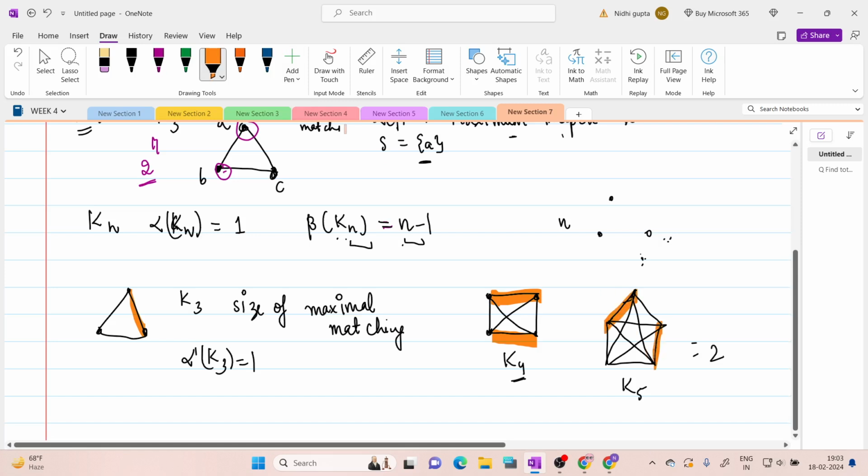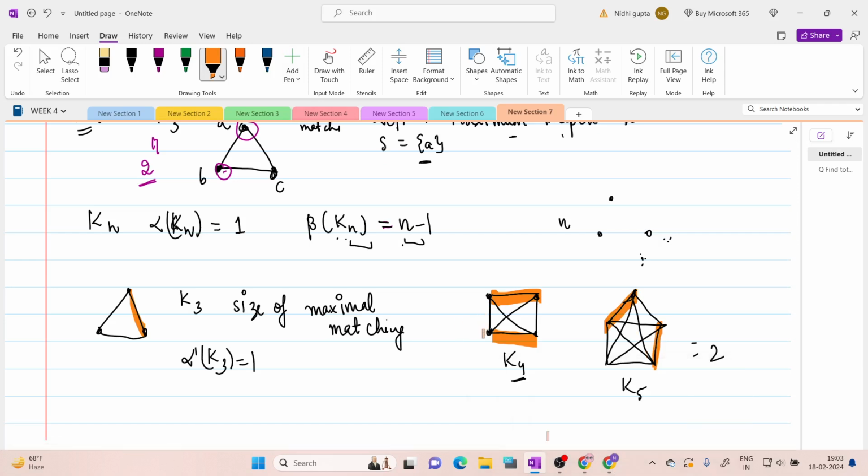Why can it not be 3? Because it has an odd number of vertices. If we add any other edge, then we have to repeat a vertex. So can you generalize now?